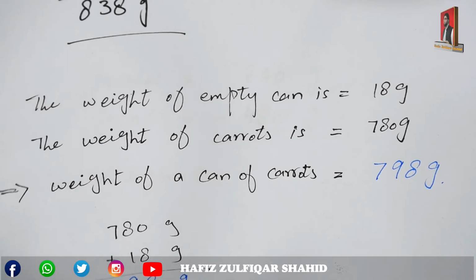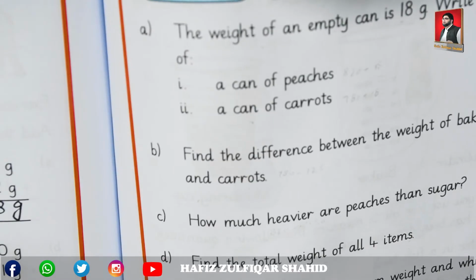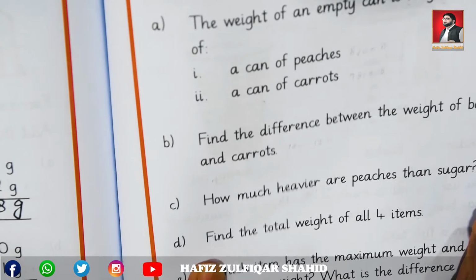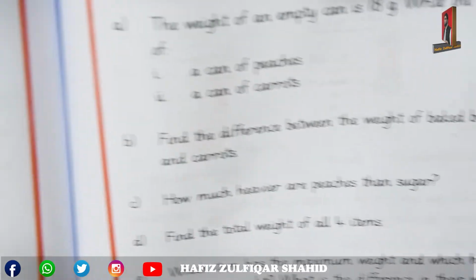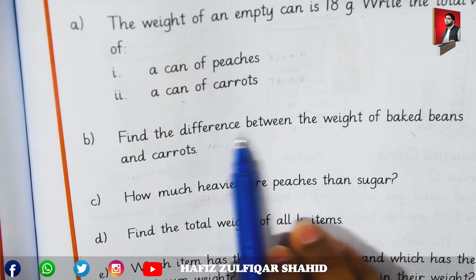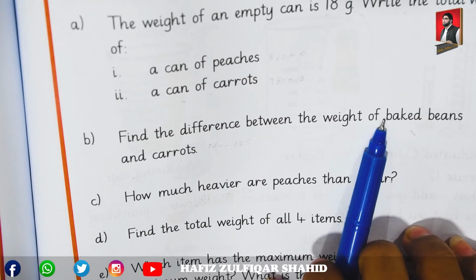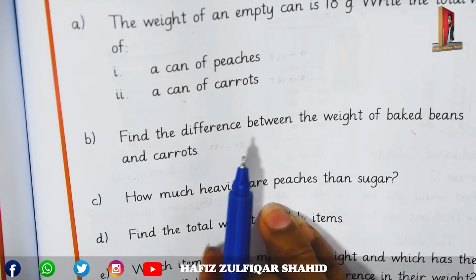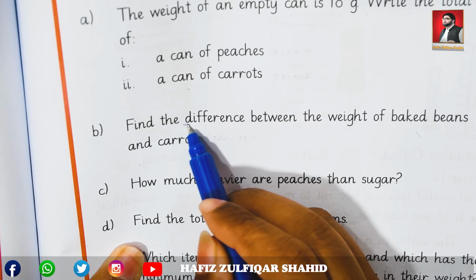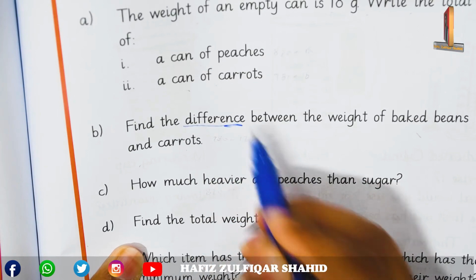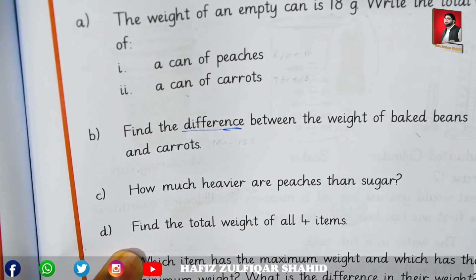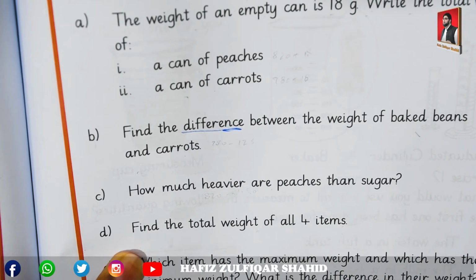Let's do the next part of this exercise. B. Find the difference between the weight of baked beans and carrots. And we know that difference means, how can we find difference?